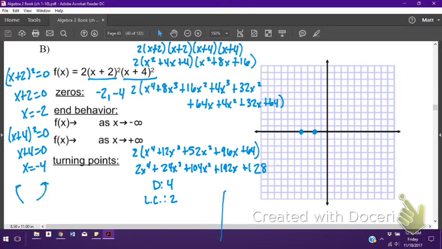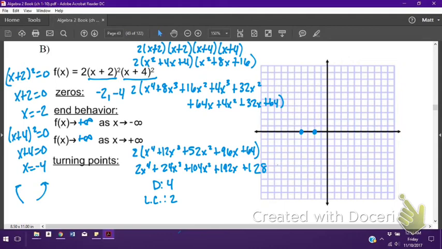Okay. So as my graph goes to positive infinity, so is negative x. As my graph goes to positive infinity again, so is x values. So going positives and negatives, that's what our graph is going to look like.